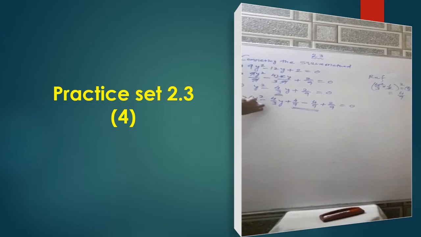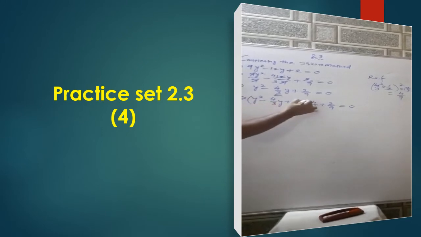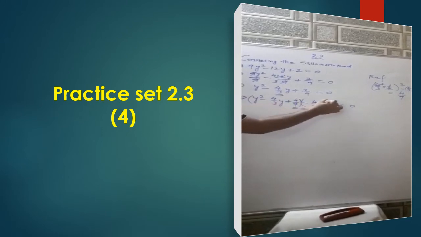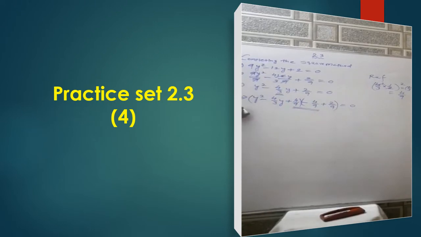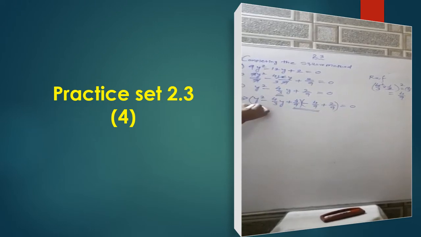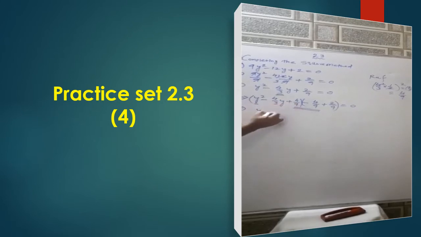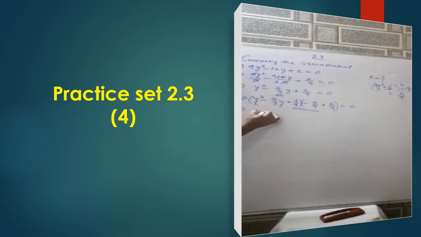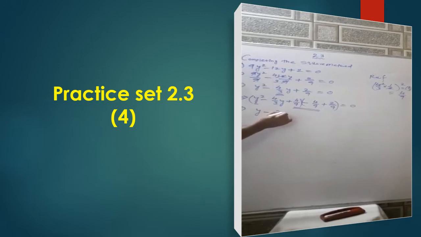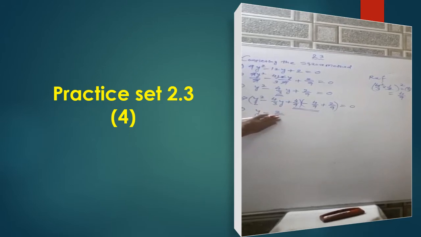Now this whole we make one term, and this one we make another term. So this one is written as y plus 4 upon 9, here minus sign in the middle, and this is 2 upon 9. 2 upon 9, it means we write 2 upon 3 the whole square.